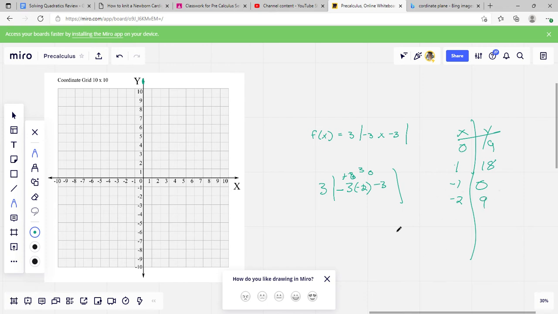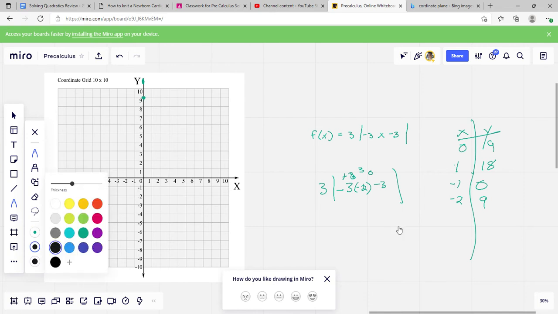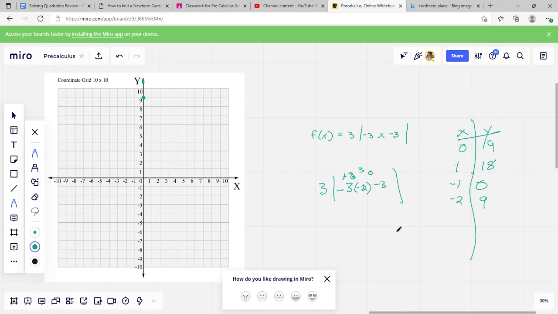We know where our 0 is. If x is 0, then y is 9. So x 0, y 9, right up there. If x is 1, it's 18.